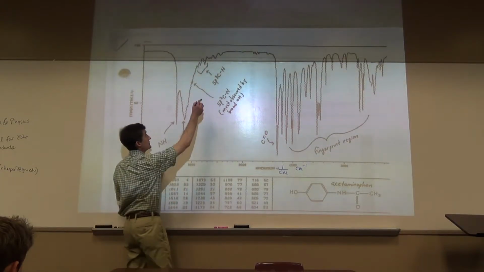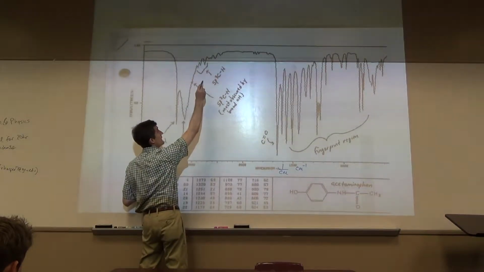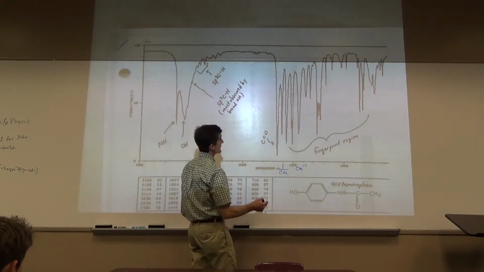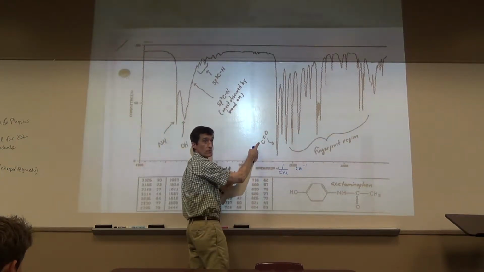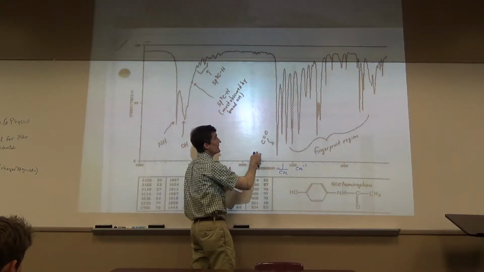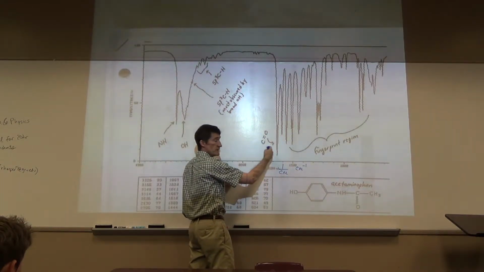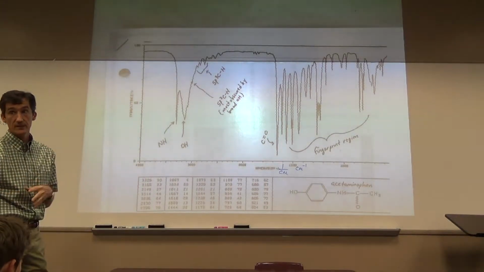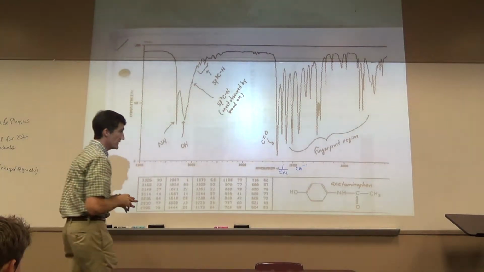We know that CHs give peaks in this region here. We know that carbonyls, whether part of a ketone or aldehyde, usually give a pretty intense peak in this region, about 1600 to 1700 reciprocal centimeters. And there'll be tables in the next couple of pages.